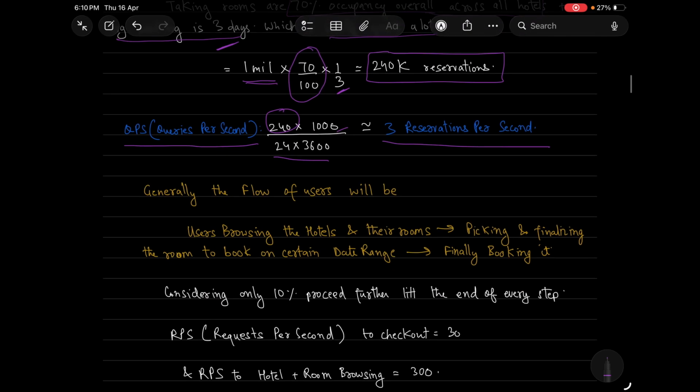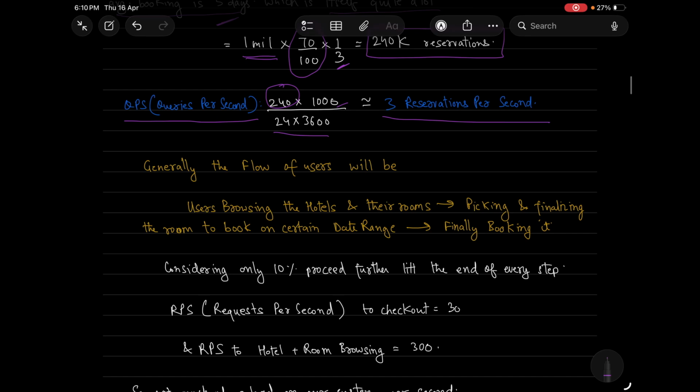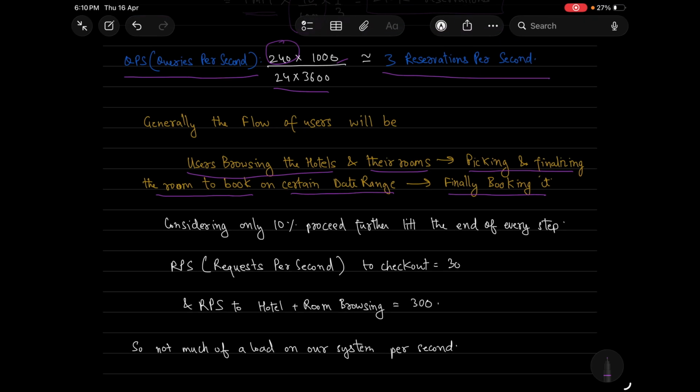Generally, the flow of users will be users browsing the hotels and then their rooms, picking and finalizing the room to book on a certain date range, and then finally booking it. Makes sense? Considering only 10% proceed further till the end of every step, because a lot of users do browsing on a lot of these hotels and then their rooms, but eventually a lot of users drop out.